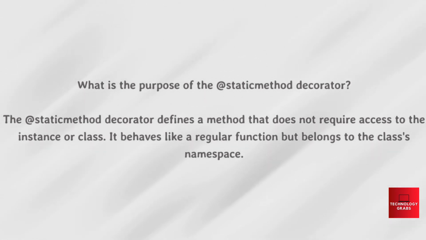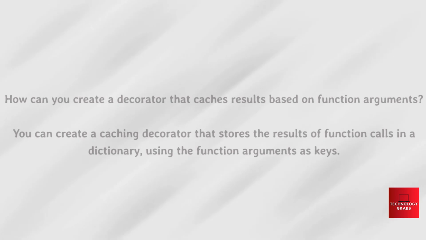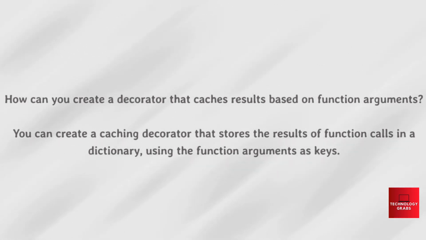The @staticmethod decorator defines a method that does not require access to the instance or class. It behaves like a regular function but belongs to the class's namespace. How can you create a decorator that caches results based on function arguments? You can create a caching decorator that stores the results of function calls in a dictionary, using the function arguments as keys.